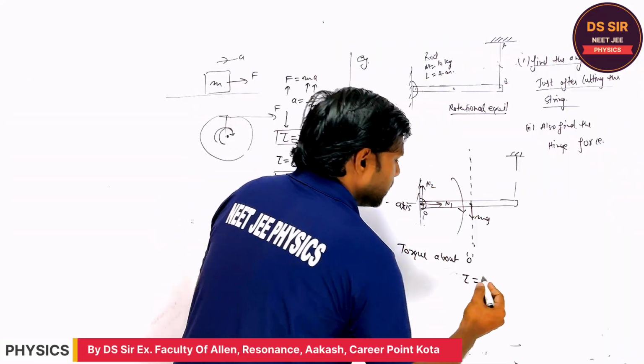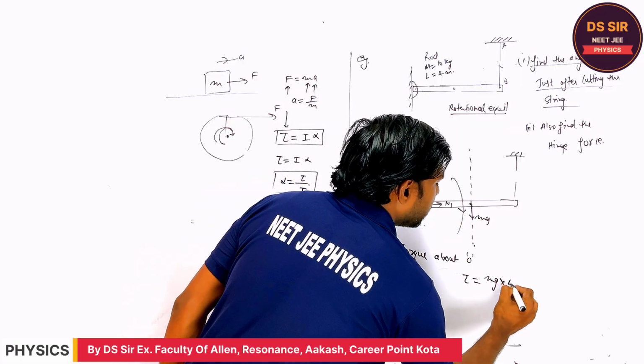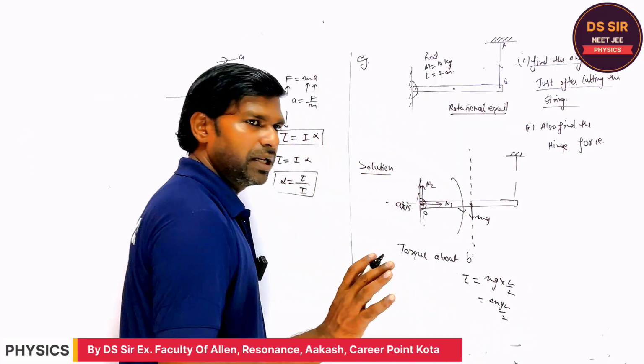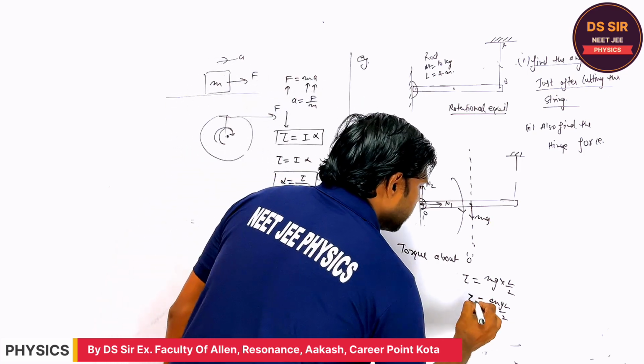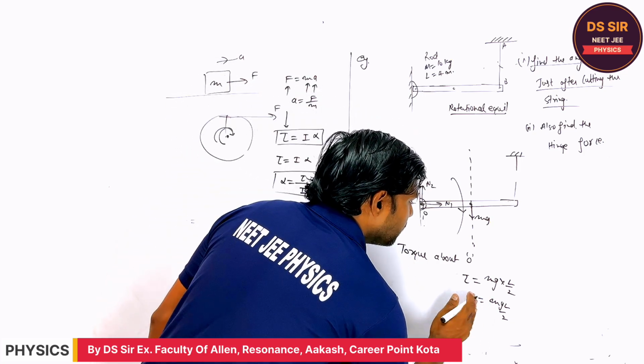What is the torque? Force multiplied by this distance, which is L by 2. Is it clear or not? mg into L by 2. And the net torque is equal to what? Put it equal to I into alpha.